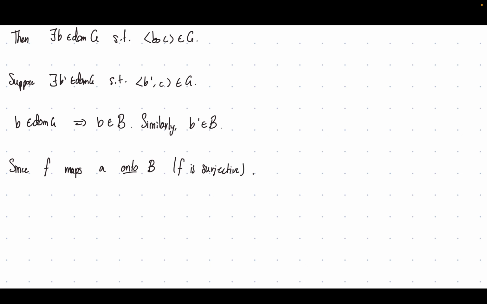Alright, so since f maps A onto B, the range of f is actually equal to B. So b is in the range of f, and b prime is also in the range of f.